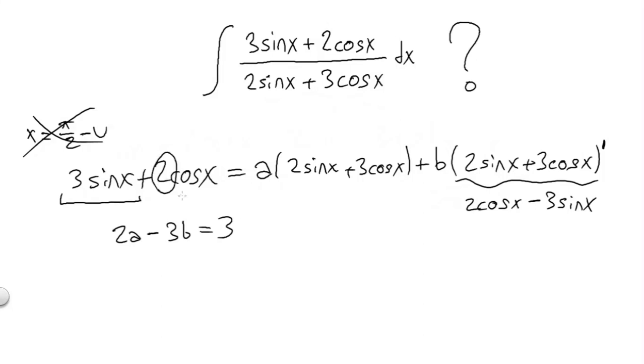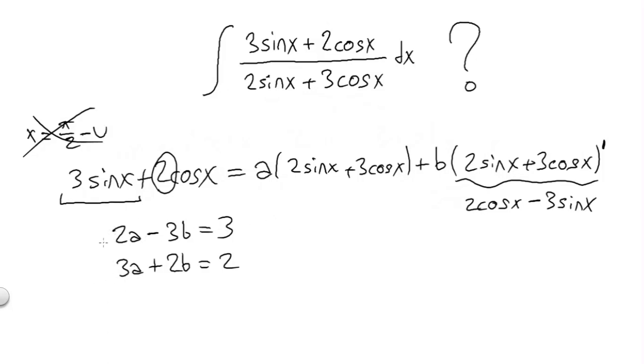And the coefficient of cosine is 2. I have 3a, and from here I have 2b is equal to 2.